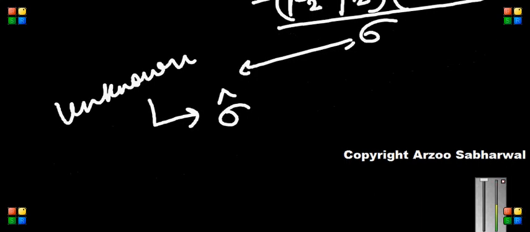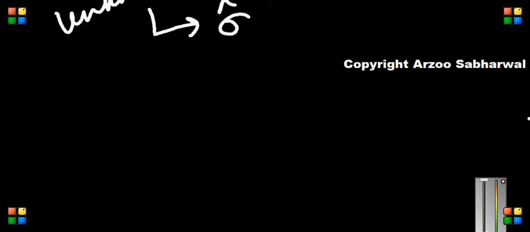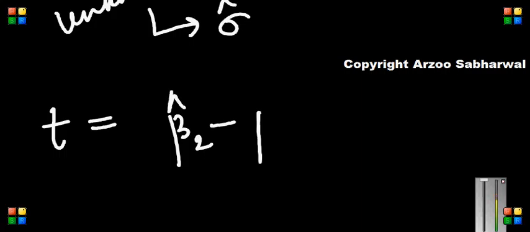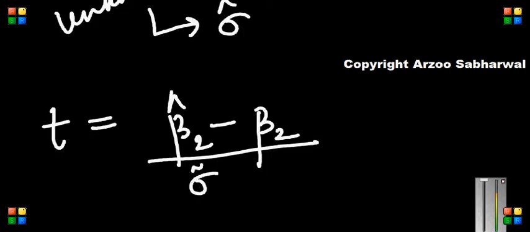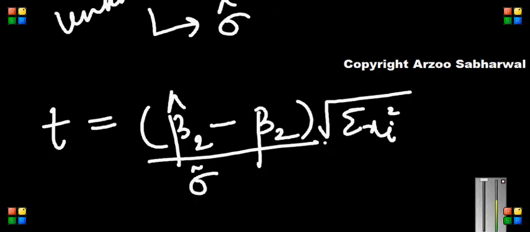So then I know that I would be using a T test, and my T would be beta 2 hat minus beta 2 upon standard deviation hat, and this thing multiplied by the square root of summation xi square. So I can also use this.